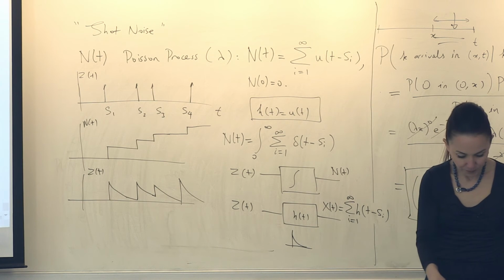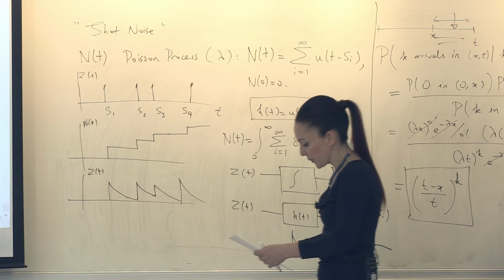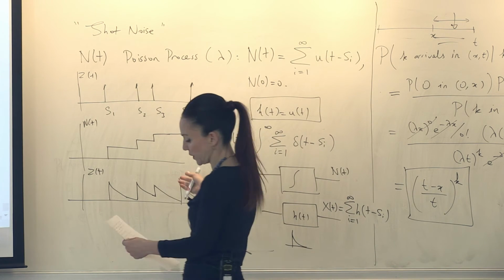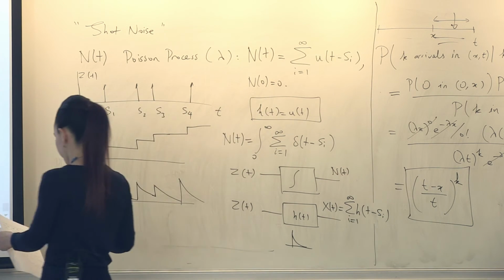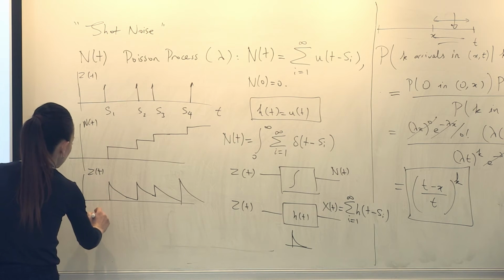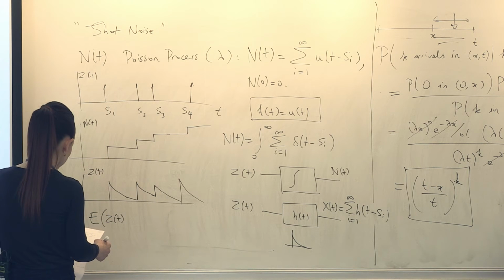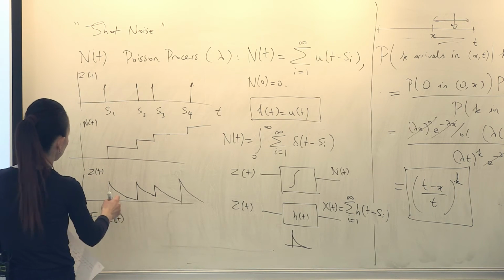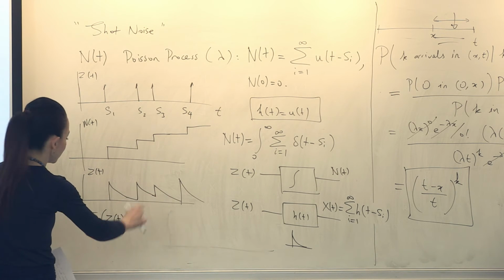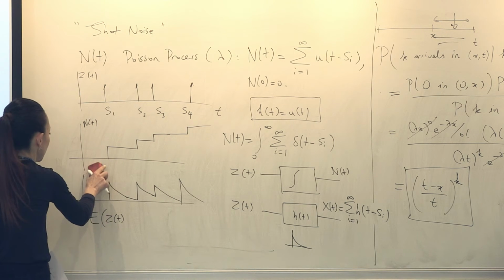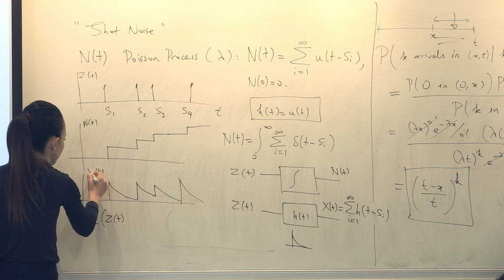Okay, so at any time, what is the expectation? Let's consider, for example, the expectation of z of t. I'm sorry, this is not z of t. This is x of t. X of t is my shot noise process.